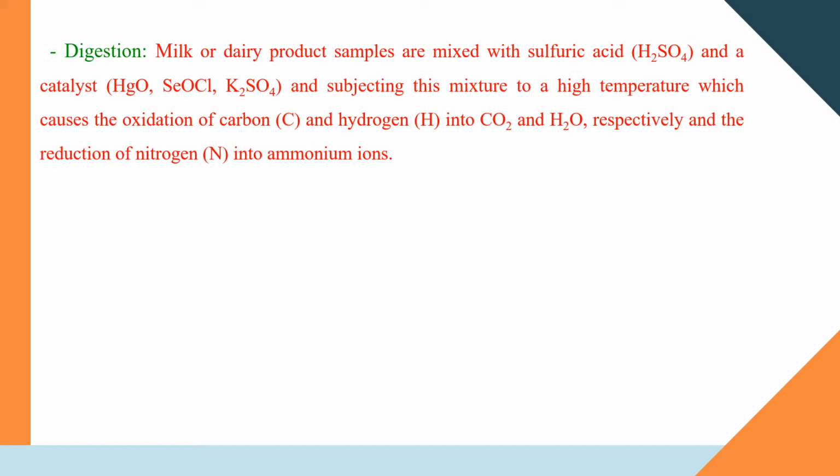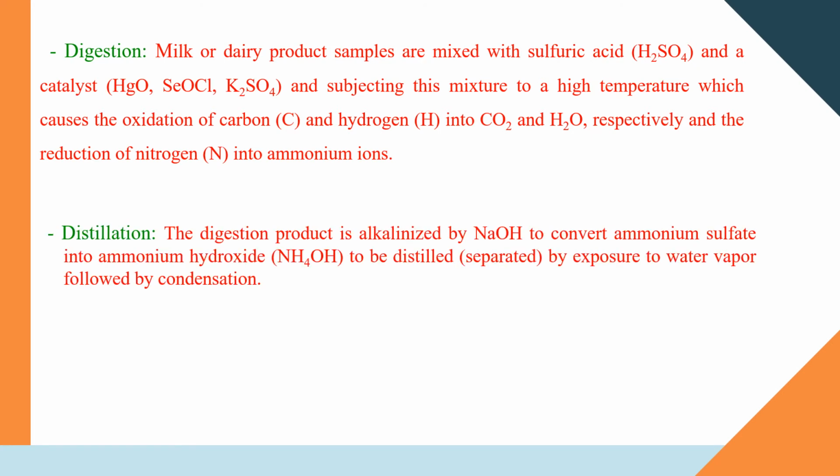The next step is to separate those ammonium ions or ammonium sulfate from the digestion mixture. And we can do this by the second step, which is called distillation. The purpose of distillation here is to separate ammonium.